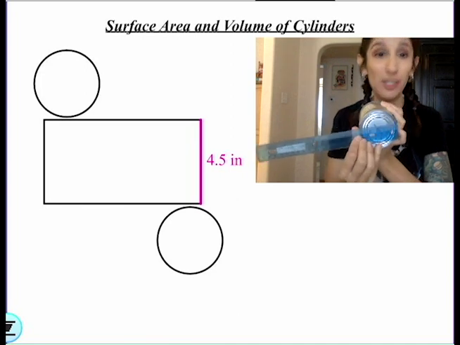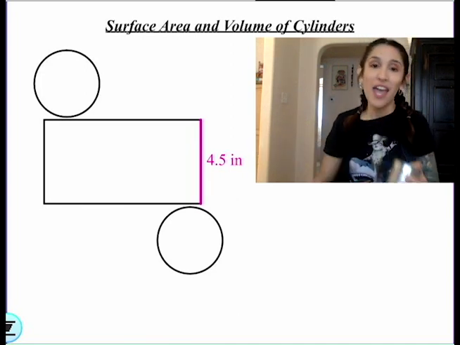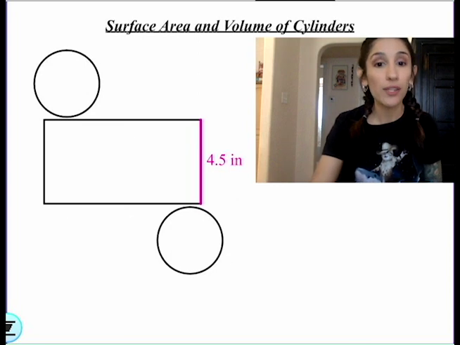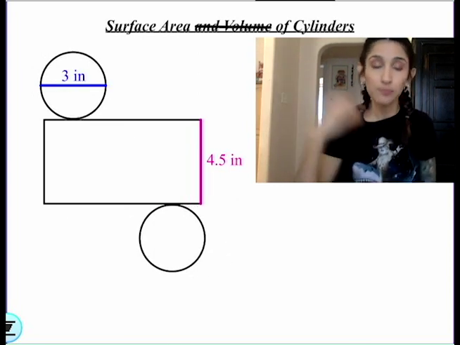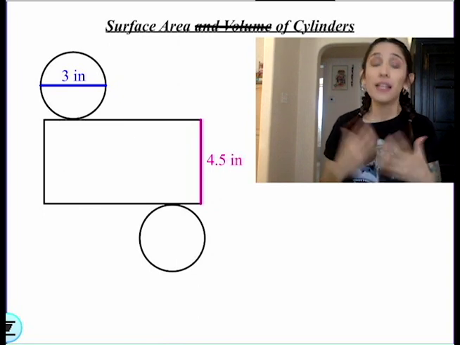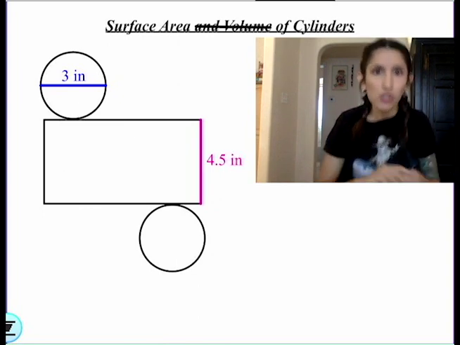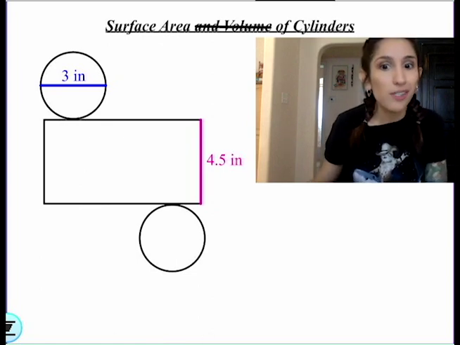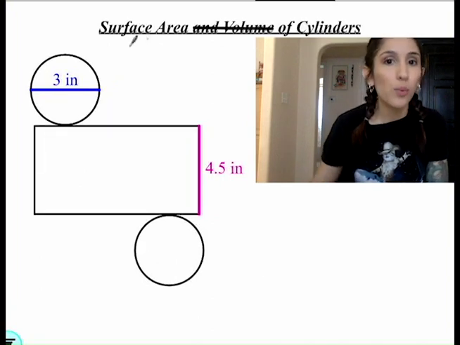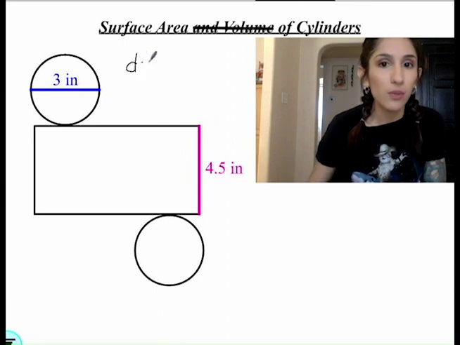What I ended up with for the diameter, since I measured all the way across, was 3 inches. So that gets me started here. If I know that 3 inches is my diameter, then I know that the radius is really just half of that. So diameter is equal to 3 inches, which means the radius is 1.5 inches.